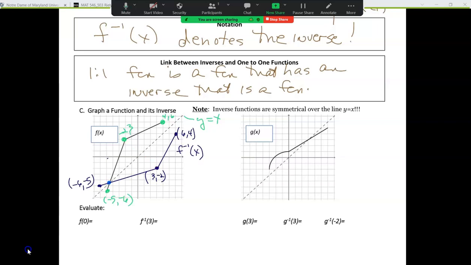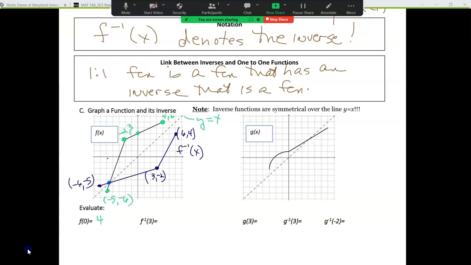Now they ask you to evaluate it. Neat things are going to happen. The first one, they say, tell me what f of 0 is. That's the original function. If my x is 0, I'm going to count up to here: 1, 2, 3, 4. That's going to be 4.